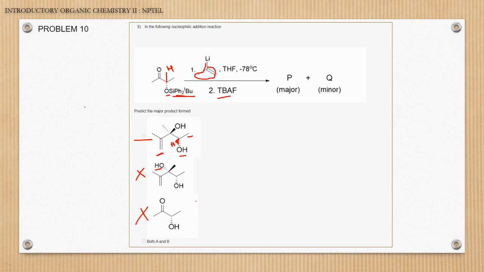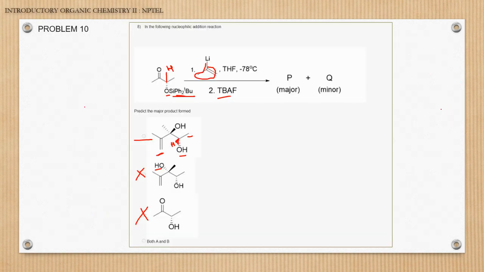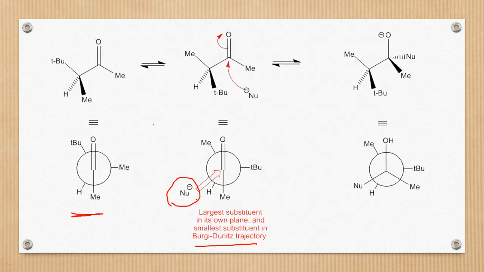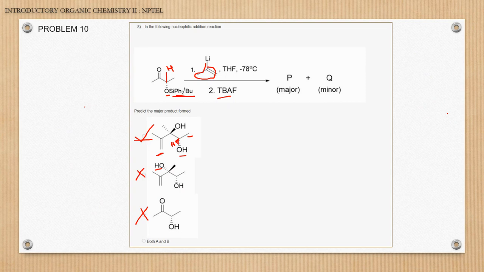So of both A and B, we have seen that B cannot be formed because both the hydroxy groups are not coming at the same position. So that is why B is getting eliminated, and option number A should be the right answer, because as we have arrived at this structure, one hydroxy and one methyl should be syn. Here you have one hydroxy and one methyl which is syn, and one hydroxy, one hydrogen, that is syn.